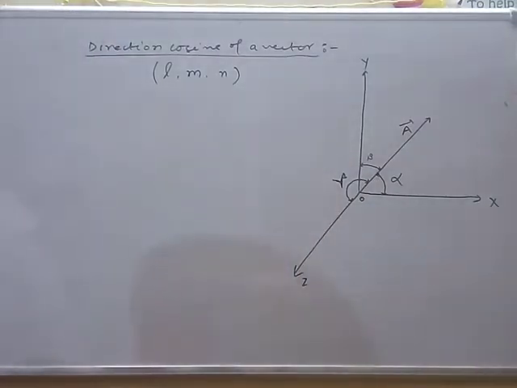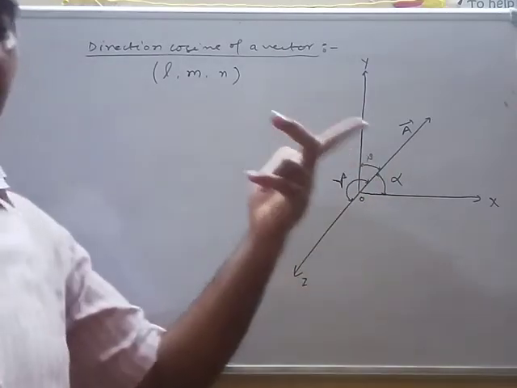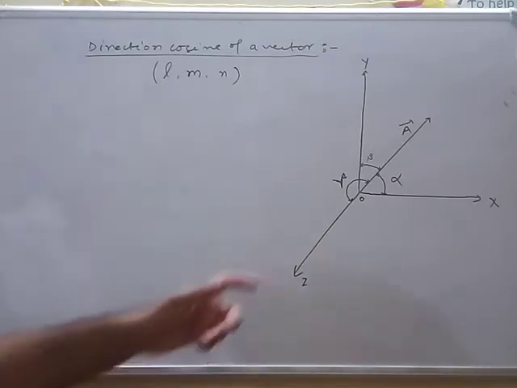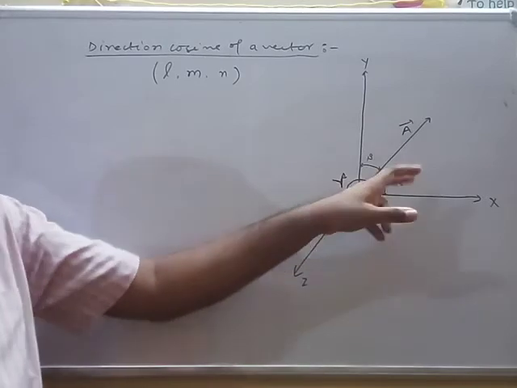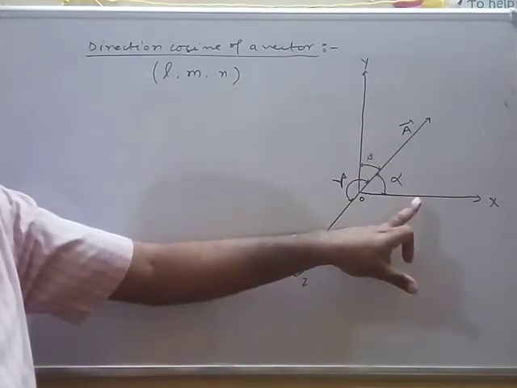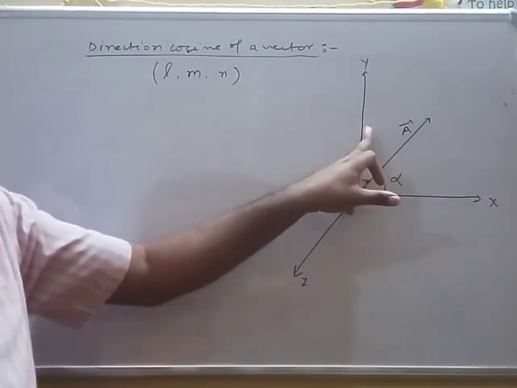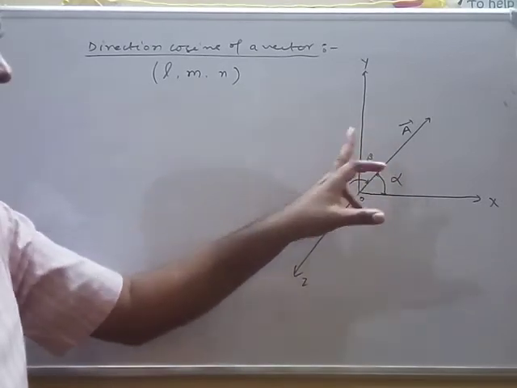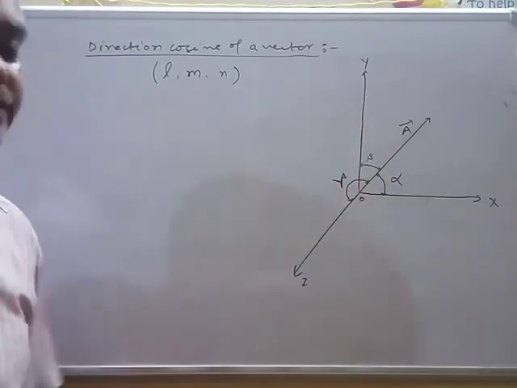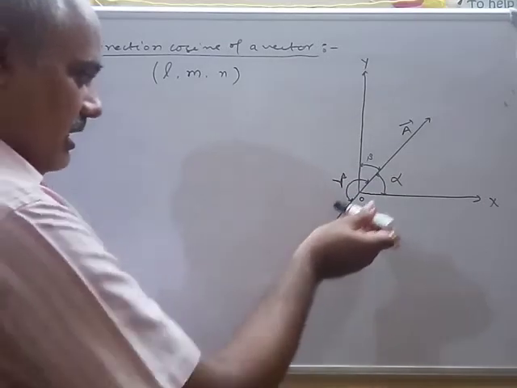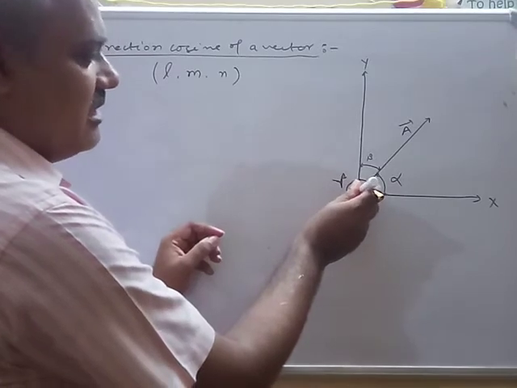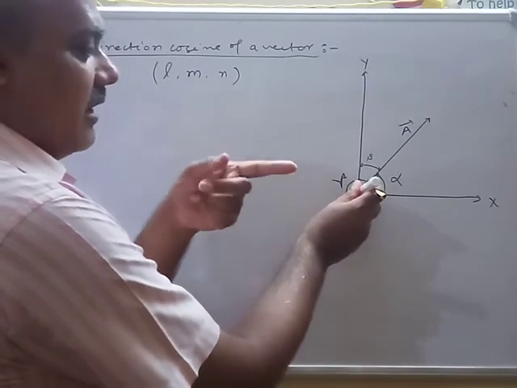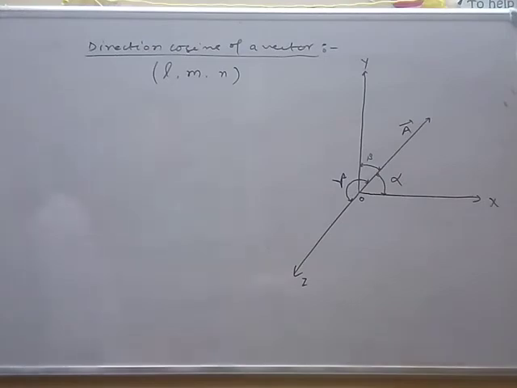Let here they be alpha, beta and gamma. Vector A makes angle alpha with x-axis, angle beta with y-axis and gamma with z-axis.